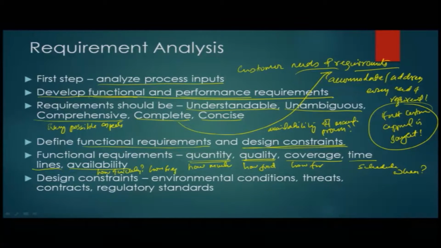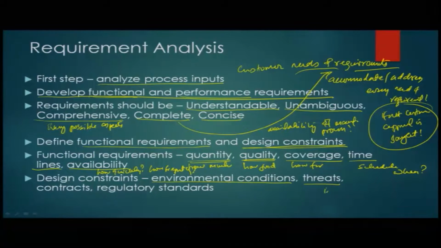Once you address these aspects of the functional requirement, you will have a good functional requirement set for a particular product or a system. The design constraints are typically derived out of environmental conditions and threats.